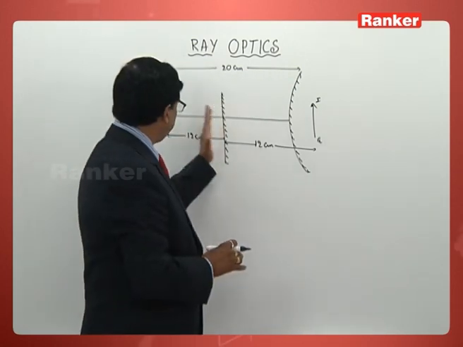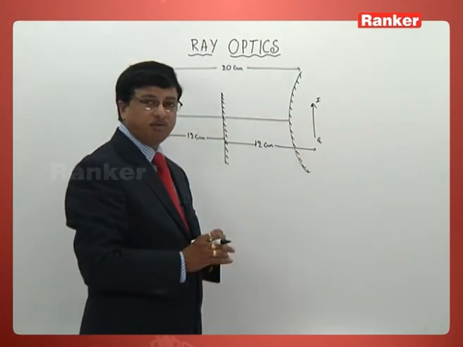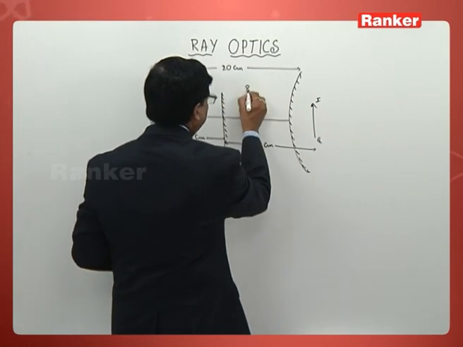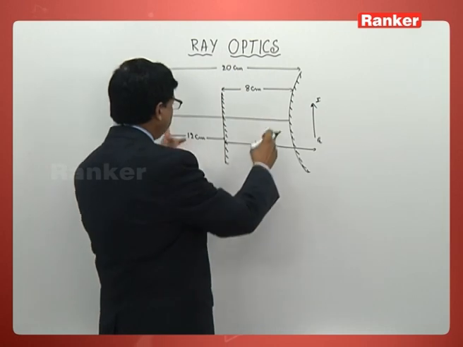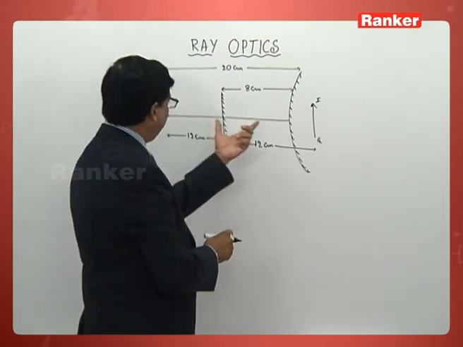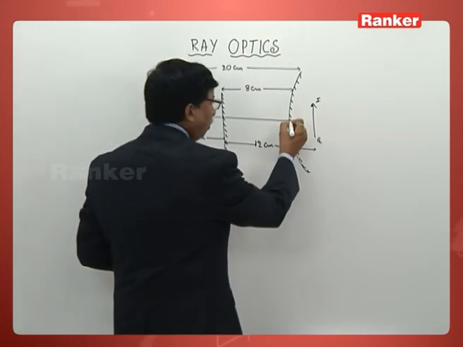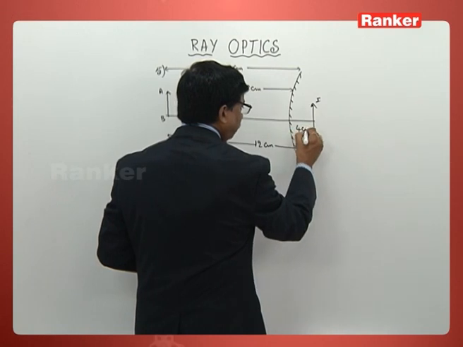So, when the object is at a distance 12 centimeter before the plane mirror, the image also must be formed at the same distance. But you know this one is only 8 centimeter, because the total is given 20, this is 12, then automatically this becomes 8. Then what would be the distance of this image formed? Is it not 4 centimeter now?